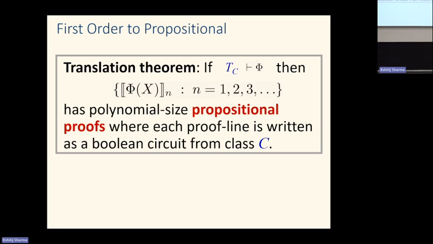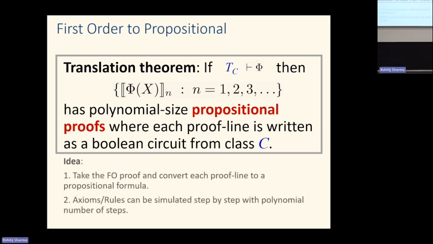Right. Well, there's another idea here, and the idea is also kind of syntactic. You have to understand the conceptual distinction between first order and propositional. First order is about provability, whether something is proved or not. There's no complexity, so to speak. But when you go to propositional logic, all tautologies are provable.